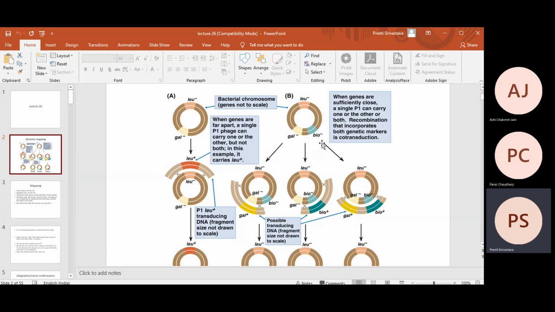So for example, in this figure, the marker for leucine in the host organism is almost diametrically opposite to gal and bio, correct?